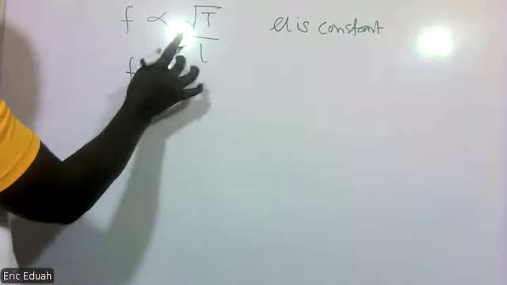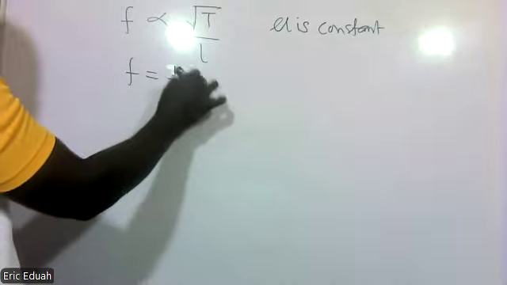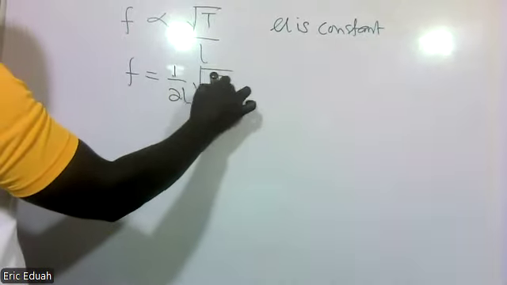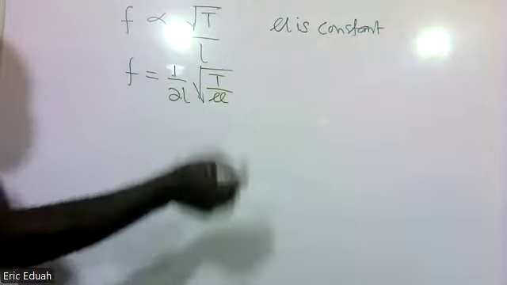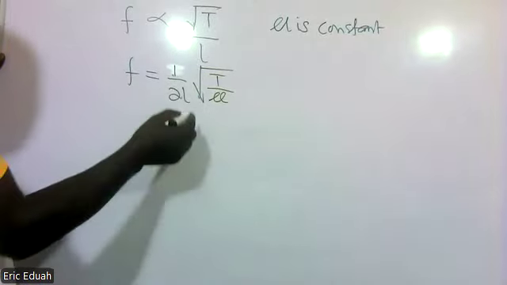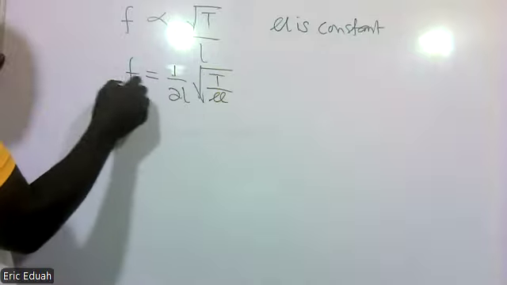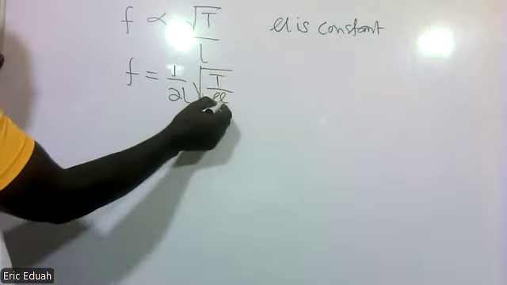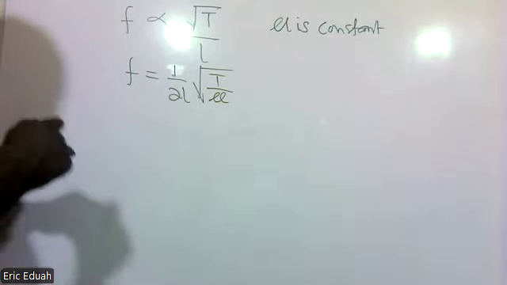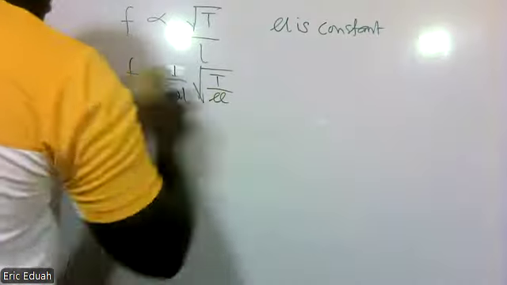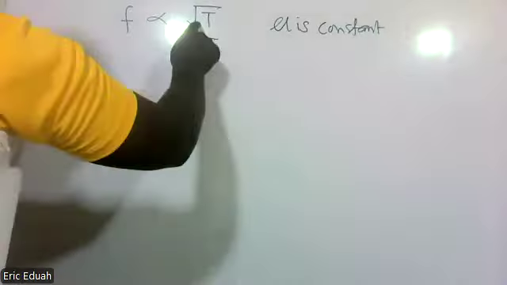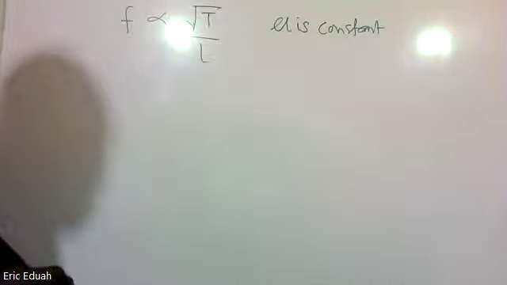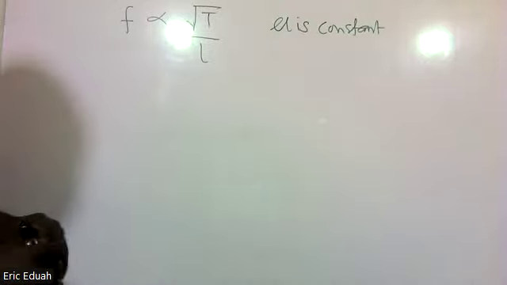So even if you use F is equal to 1 over 2L times the square root of T over mu for the fundamental note, the 2 will cancel out for two different situations. When the length changes, tension changes, frequency will change. So 2 will cancel and mu will cancel out. So all that we can say is that F is directly proportional to the square root of the tension and inversely proportional to the length.